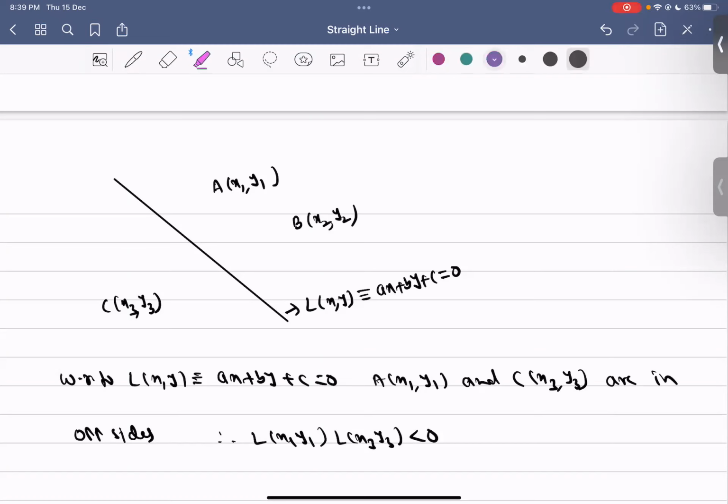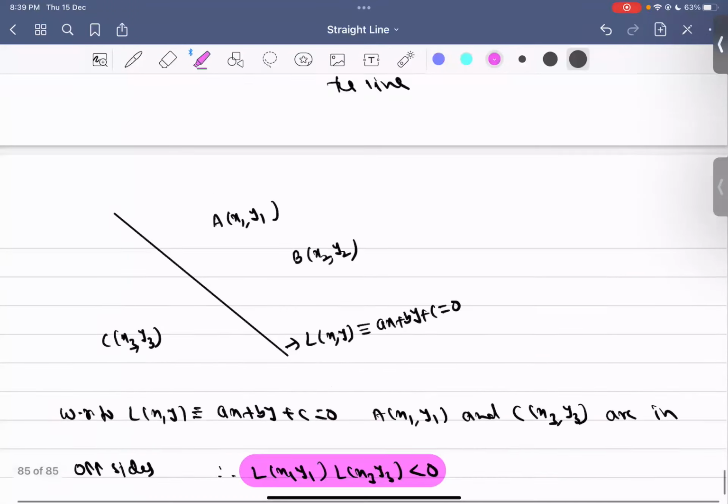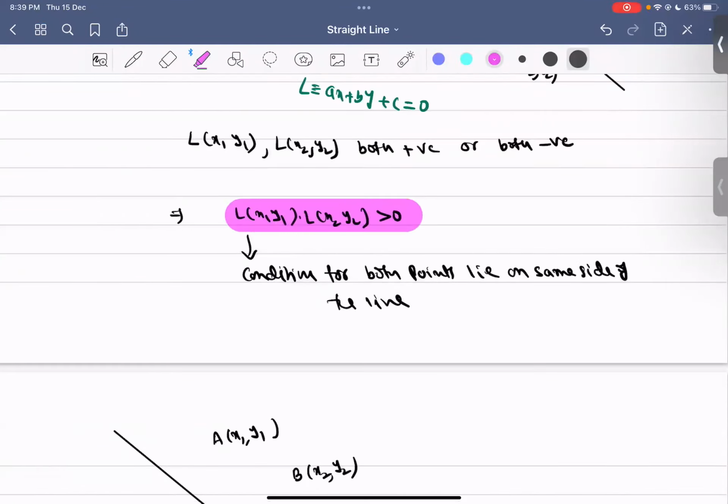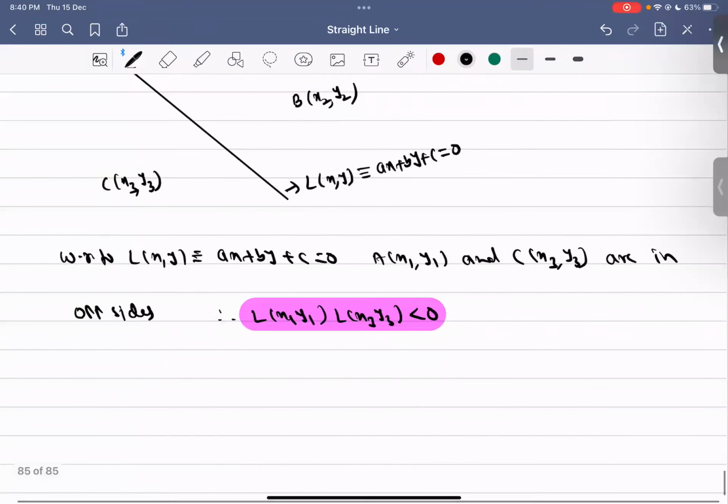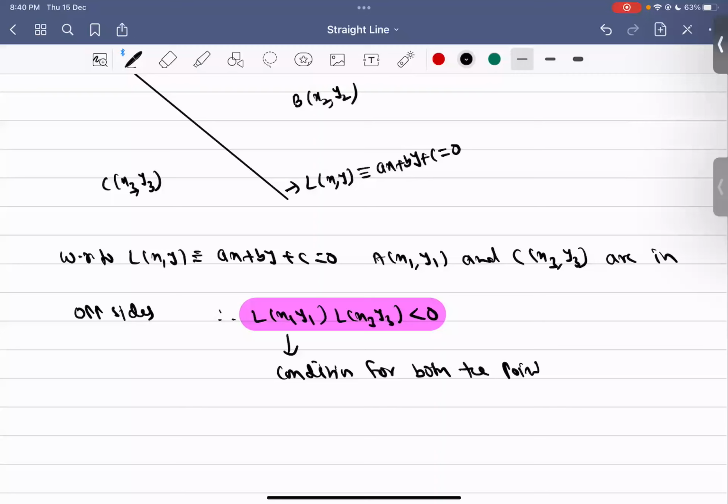So this is the condition for opposite sides. The condition for both points lying on the same side is L of (x1, y1) into L of (x2, y2) is positive. The condition for both points lying on opposite sides is that the product is negative.